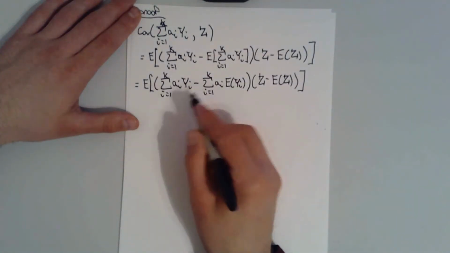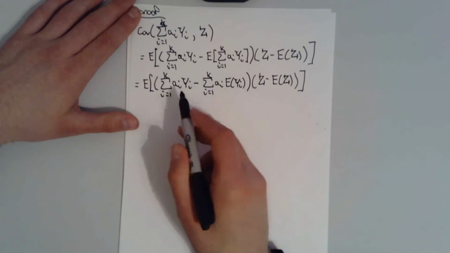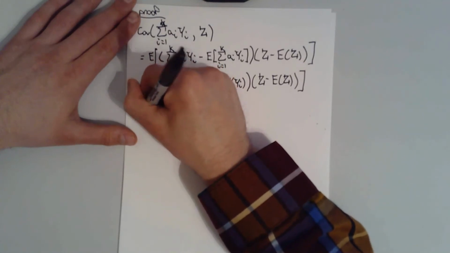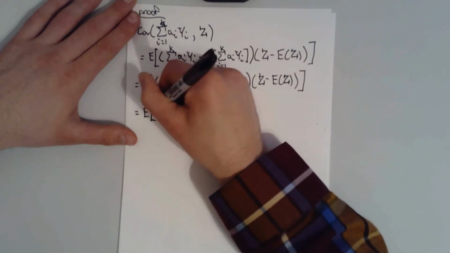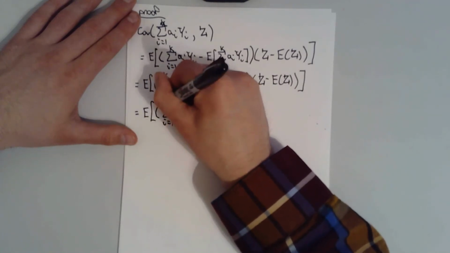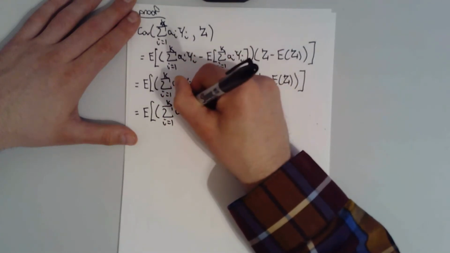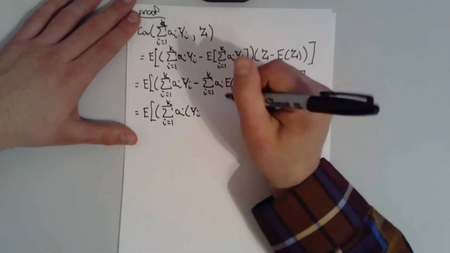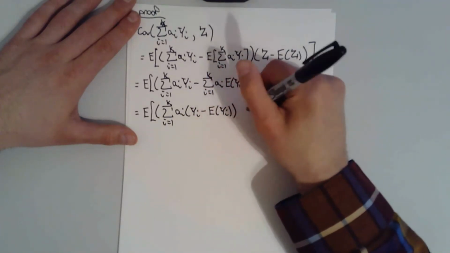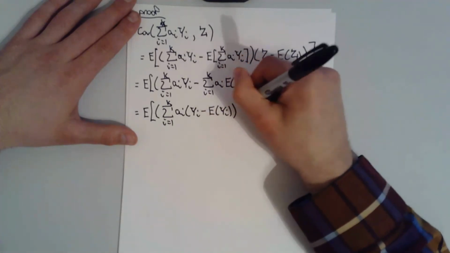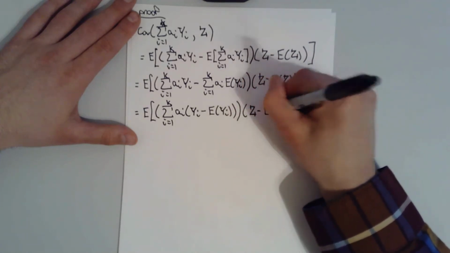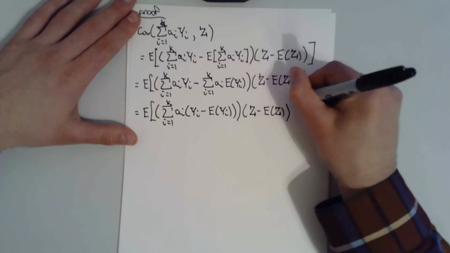Combining these two sums term by term, so all the i terms are combined, and factoring out the common term of the a sub i, we have the following, just like so.